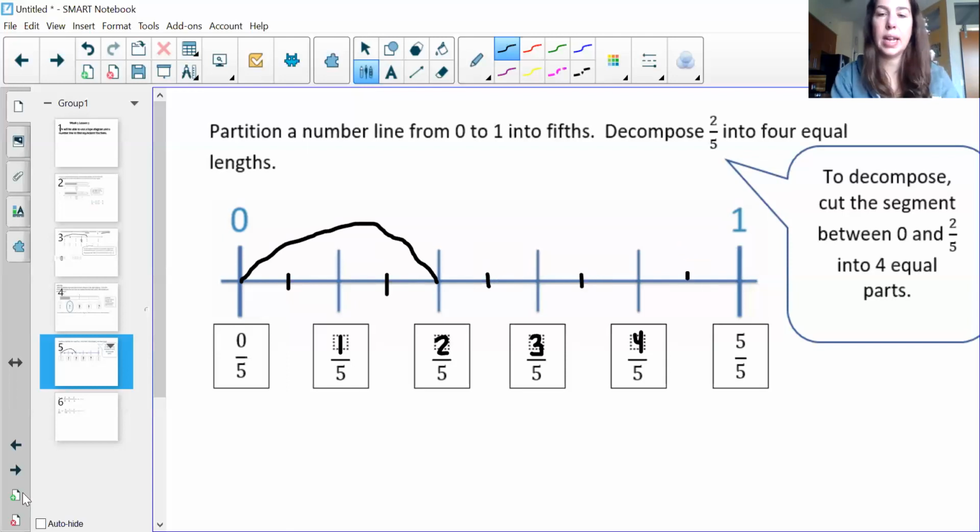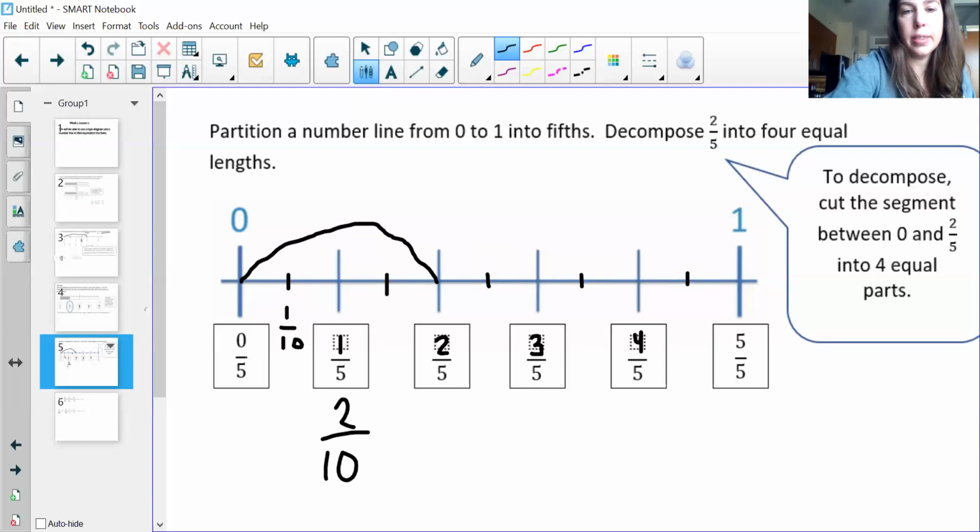So now, instead of having fifths, we have tenths. So 0/5, this is 1/10. This is 2/10.